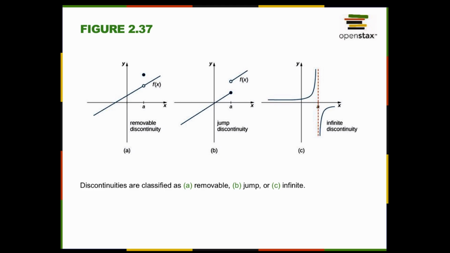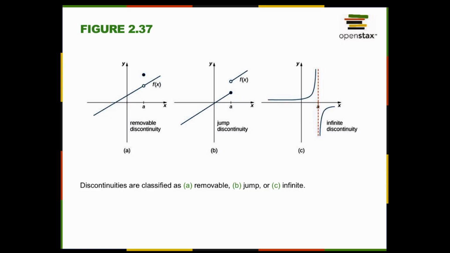So think of the graph with just one missing piece and the problem only at a single point. If we could remove that discontinuity simply by plugging the hole with the correct point, that's when you want to think of that discontinuity as a removable discontinuity.